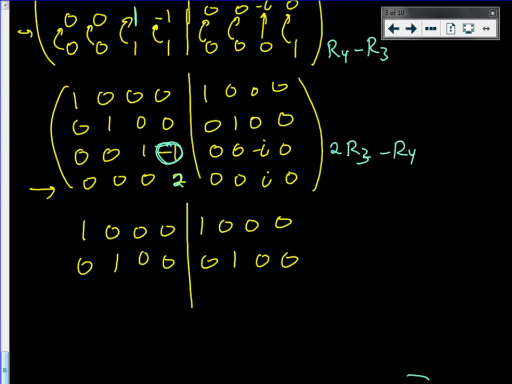Now, 2 times row 3: 2 times 0, 2 times 0, 2 times 1, 2 times negative 1, 2 times 0, 2 times 0, 2 times negative I, and 2 times 0. And row 4 is 0, 0, 0, 2, 0, 0, I, 0.